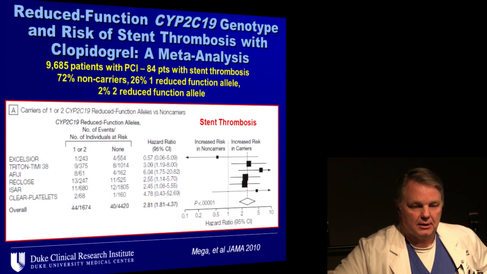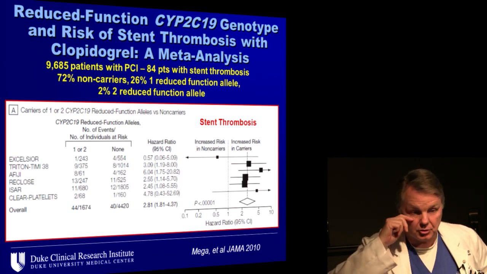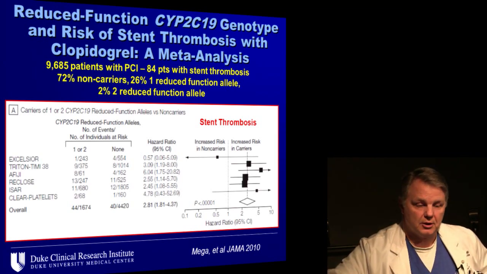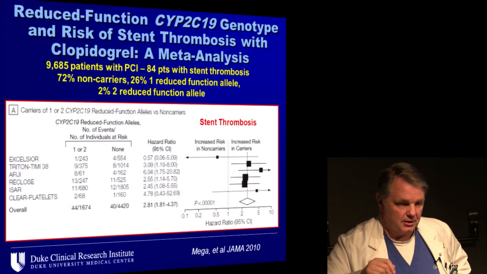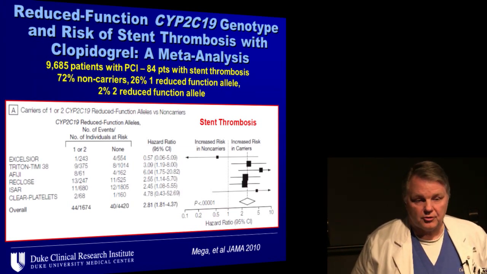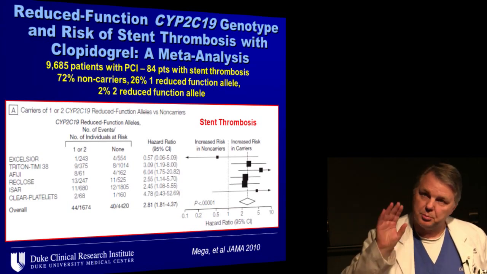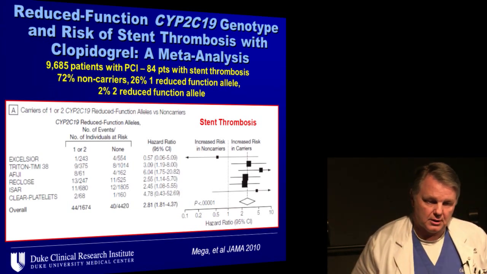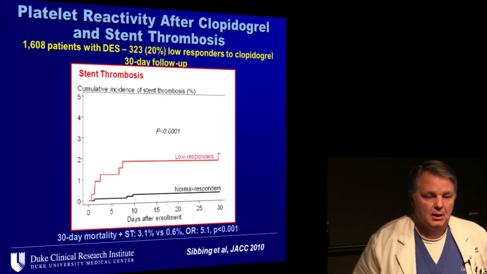And basically, you can see that 2 reduced-function alleles is quite rare, 2%, but this also carries over to those who have 1 reduced-function allele, which is 26%. So you can see this, we know for a fact, is something that happens every day, and that's partially why the stent thrombosis rate goes up over time.